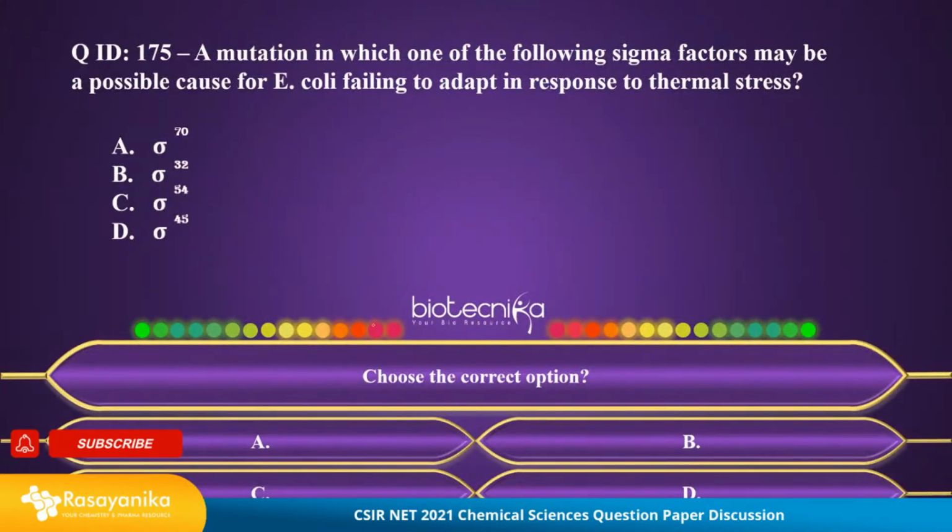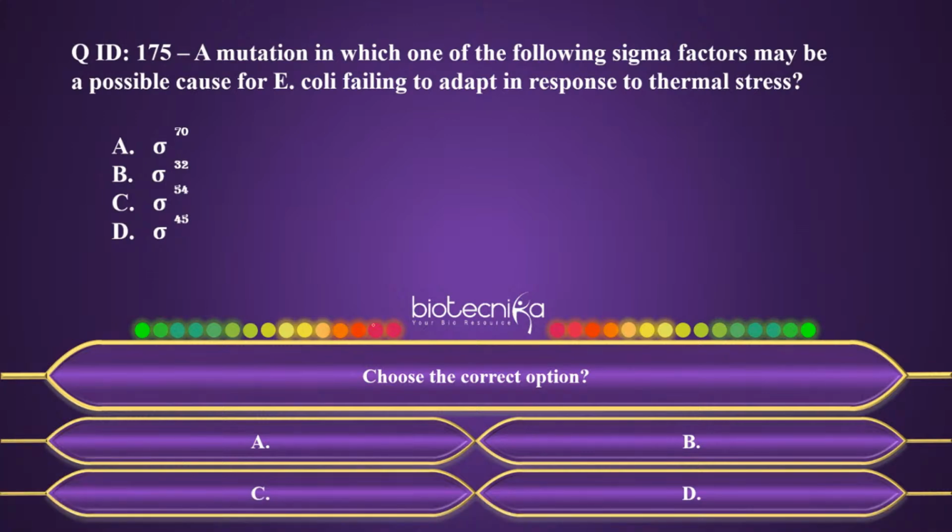Then coming to question ID 175. This is from the shift 1 itself. It says that a mutation in which one of the following sigma factors may be a possible cause of E. coli failing to adapt in response to thermal stress?